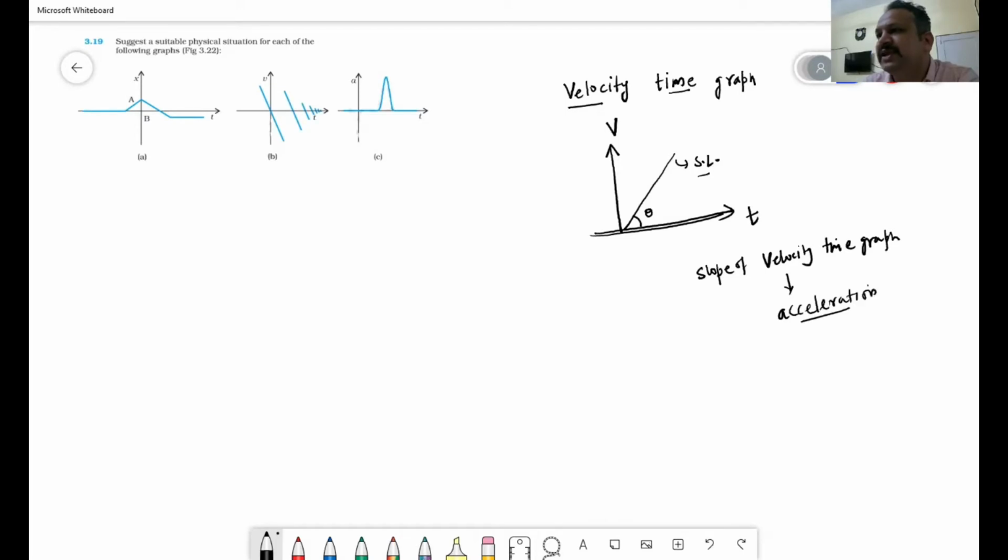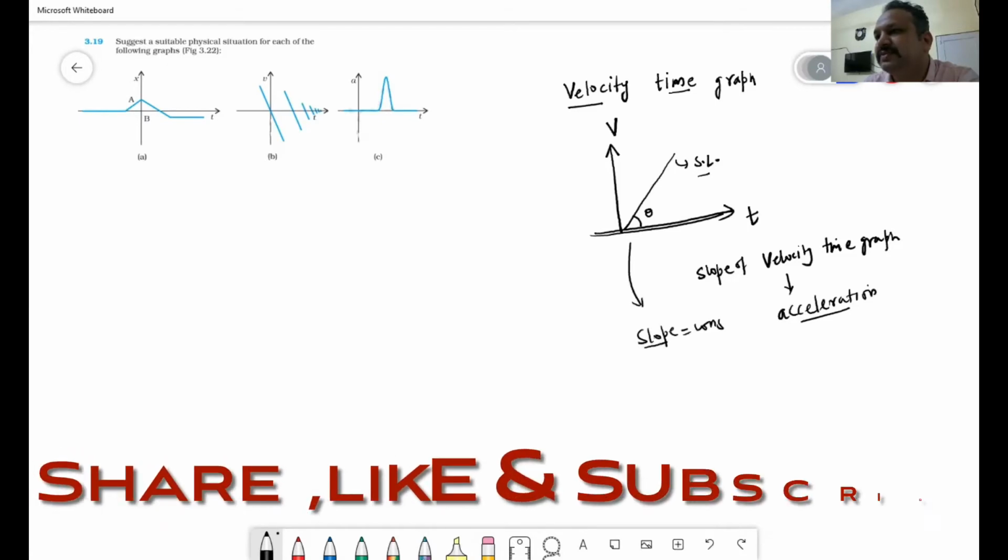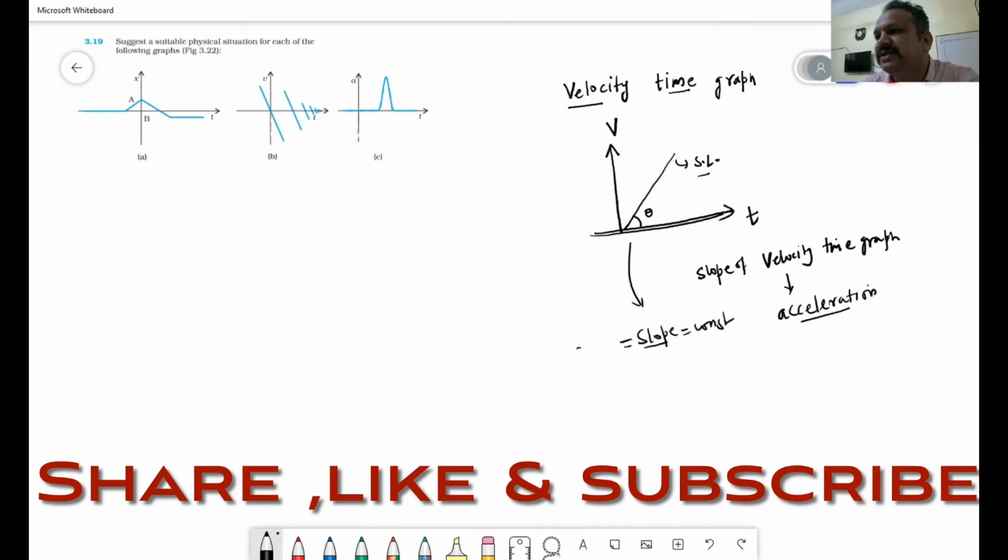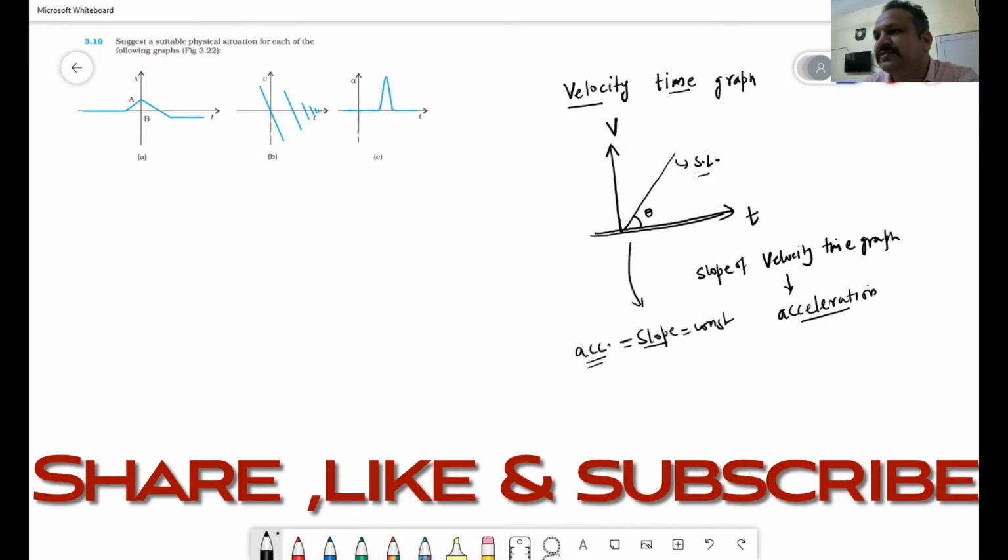In this case the slope is constant, so we can say acceleration is also constant.